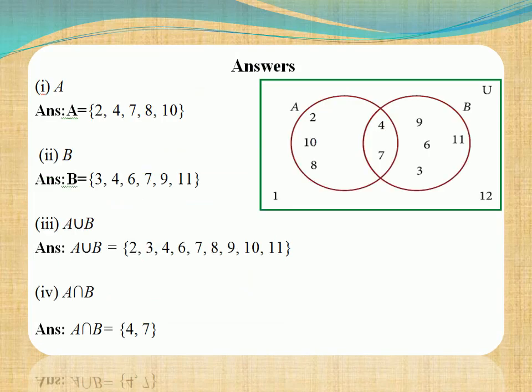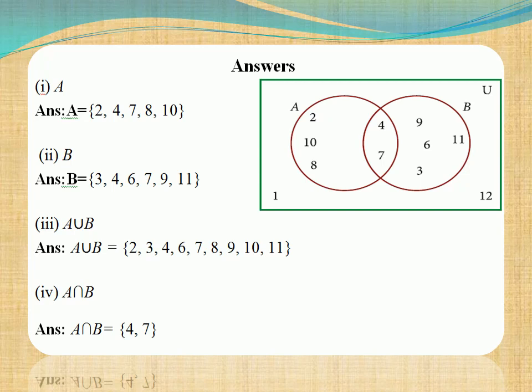First subdivision, A. Inside the set A, what are the elements you have? That is called A. See this in the diagram. What are the elements in set A? 2, 4, 7, 8, 10. I am writing in order, but you can write 2, 10, 8, 4, 7 also.